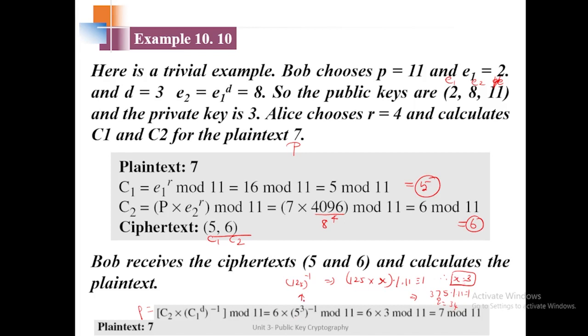So instead of this 5 cube inverse, I am substituting 3. So 6 into 3 is 18, and 18 mod 11 is 7. So we are able to retrieve the plain text value. So the ciphertext pair is 5 and 6. In this way, we can apply the ElGamal cryptosystem algorithm for the encryption and decryption methodology. Thank you.